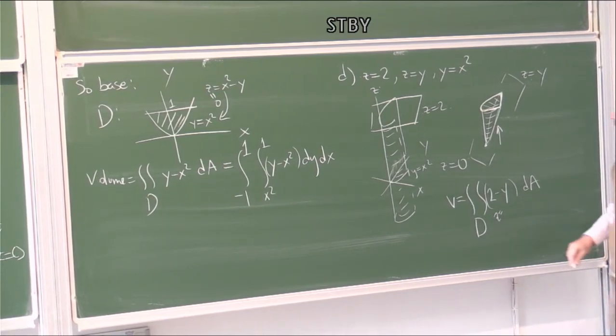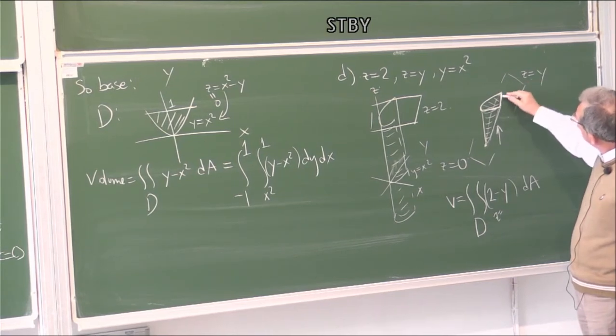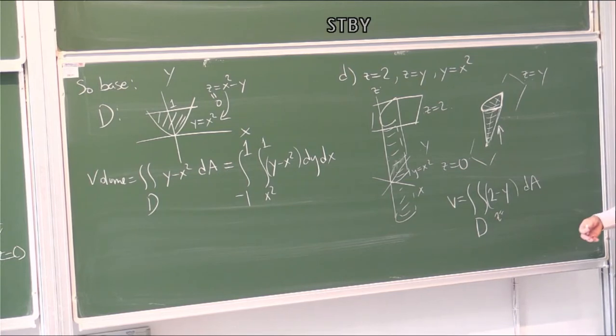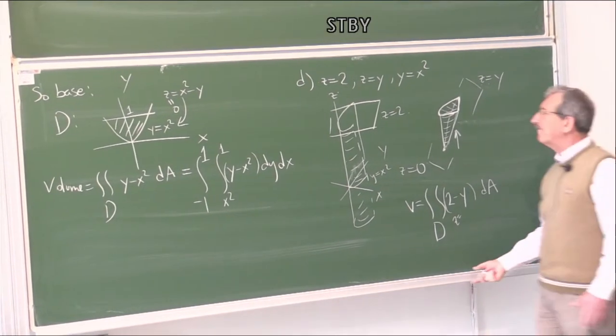And that is determined by the intersection of z equal to y and z equal to 2, so it is y equal to 2. So we have the following.